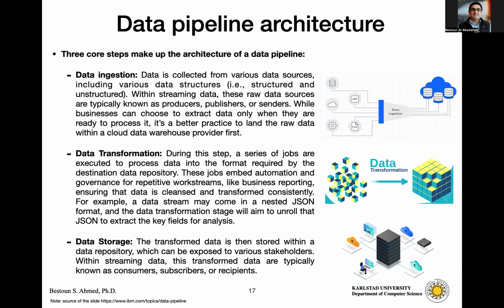So you can choose to extract the data only when you need, when you are ready for processing. So you ingest all this data into the data lake or into the data store.